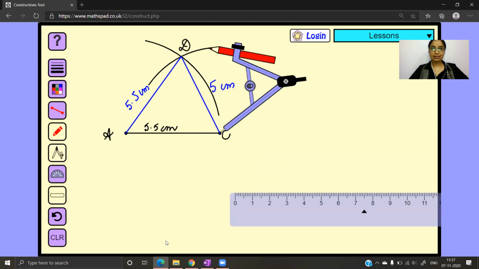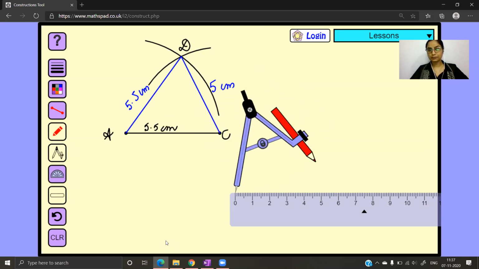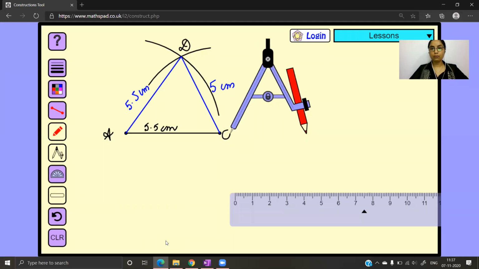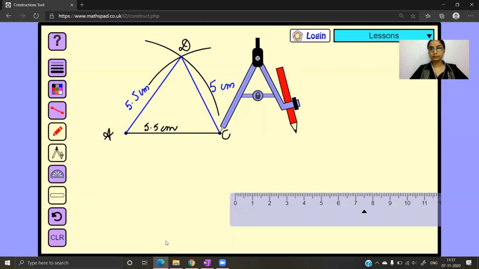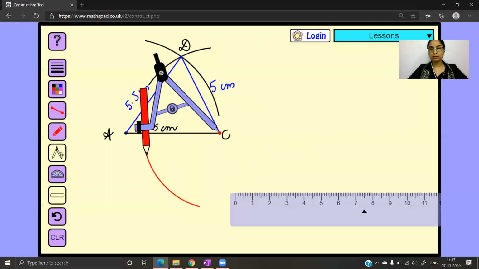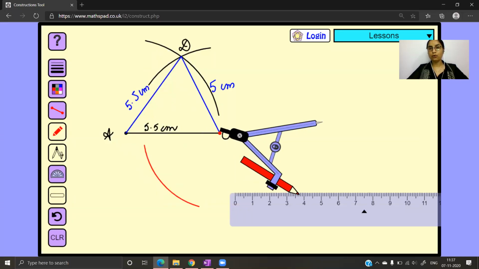Okay. Let's open the compass 4.5 centimeters. I'm going to draw an arc from point C below the diagonal. And then the second arc will be from point D this time.